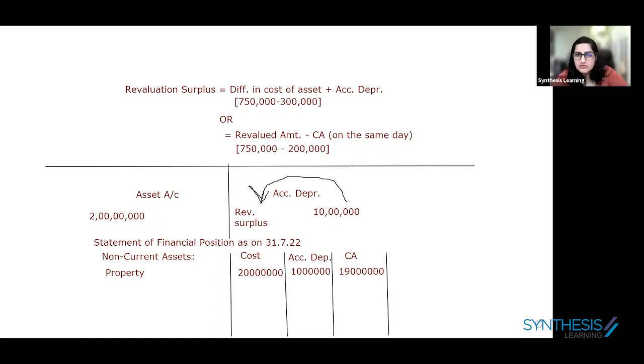And the value is not the same. Gargi, can you use the values because I'm not understanding your question. Meaning 750 minus 3 lakh is 4 lakh 50,000. 450 plus accumulated depreciation 1 lakh भी तो करना है. ये तो मैंने सिर्फ difference in cost of asset के नीचे दिखाया है. Sorry. Okay. If that's confusing you, let me add it.